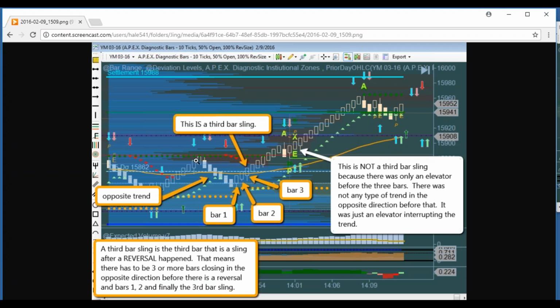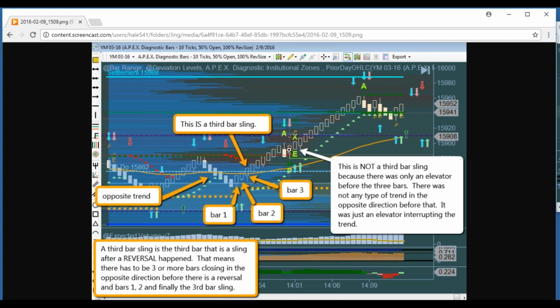But remember what I said, there needs to be at least 3 bars going the opposite way before the new 3 bars that set up the third bar sling, right? That makes sense? So right here, were there 3 bars going the opposing way? Were there 3 down closed bars? No, there was only 1. So this 1, 2, third up closed bar, is that a third bar sling?